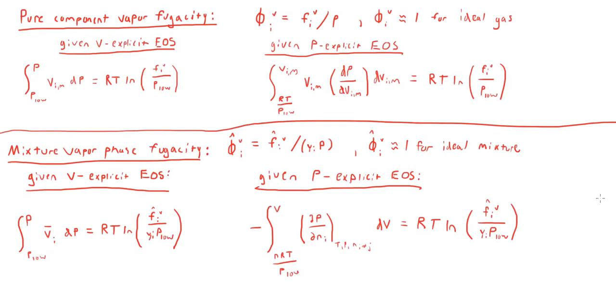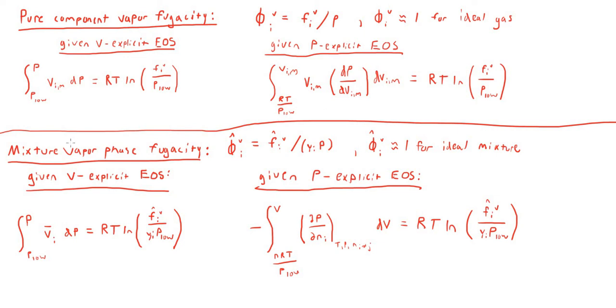Next, I'm going to go over the equations that are important for vapor fugacity. So if you're working with pure component vapor fugacity and you're given a volume explicit equation of state, this is what you want to use to calculate the fugacity. If you're given a pressure explicit equation of state, this is the equation you're going to use.